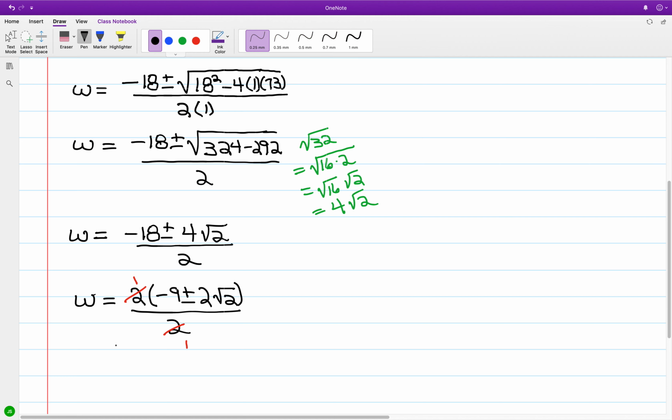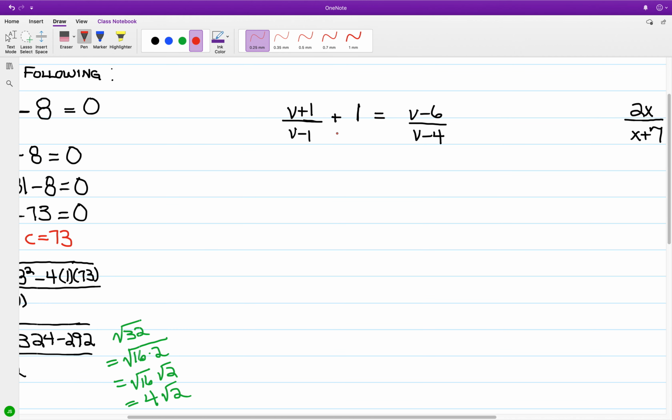So we have for w, negative 9 plus or minus 2 times the square root of 2, and you can write this in separate form: negative 9 minus 2 times the square root of 2, and also negative 9 plus 2 times the square root of 2.